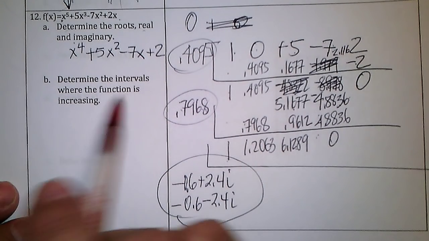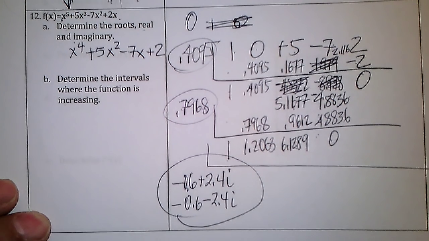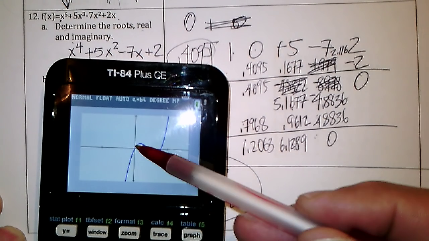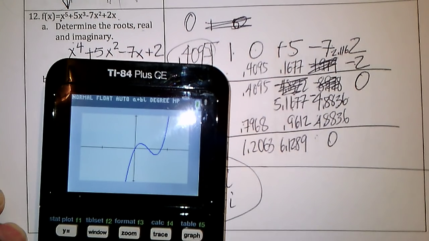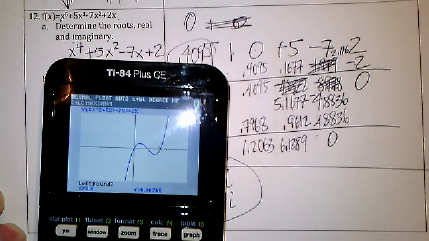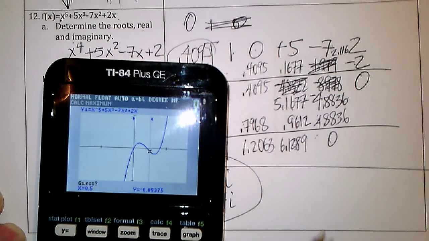Determine the intervals where the function is increasing. So let's go back to the graph. Looks like it increases all the way to there, so we've got to find that max. Second, calculate the maximum between 0 and 0.5, and it's about there.